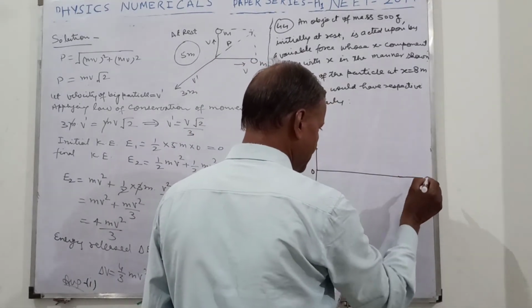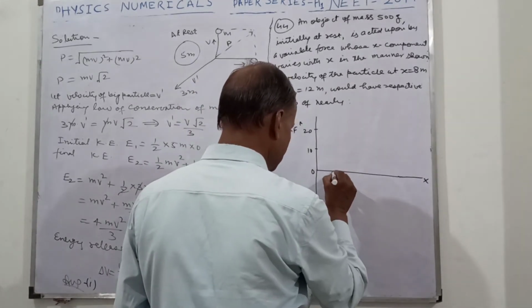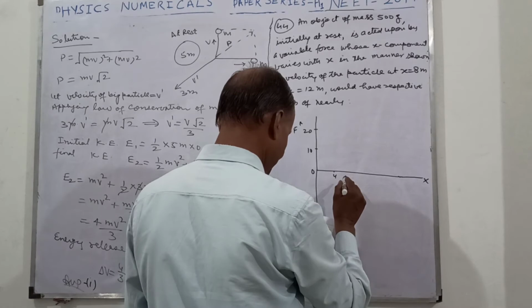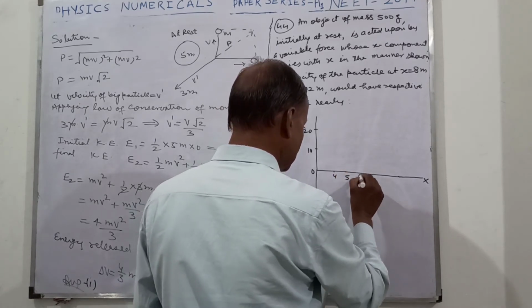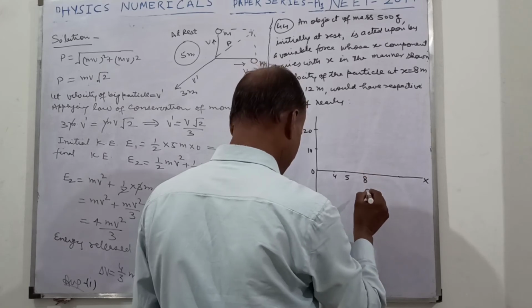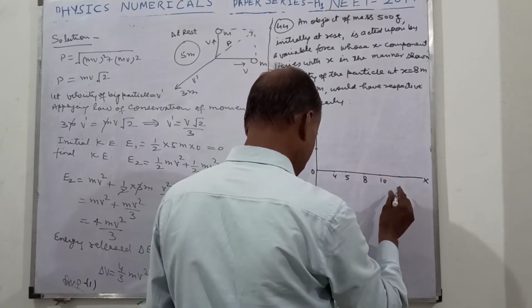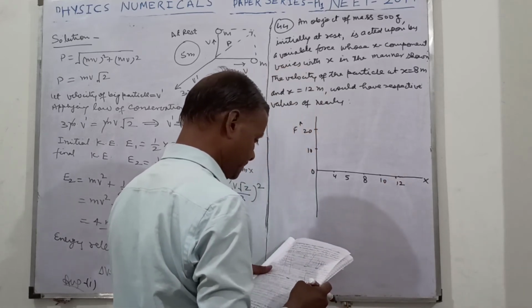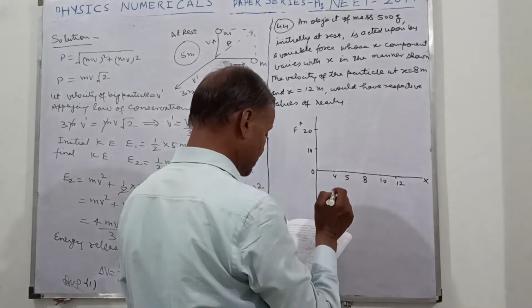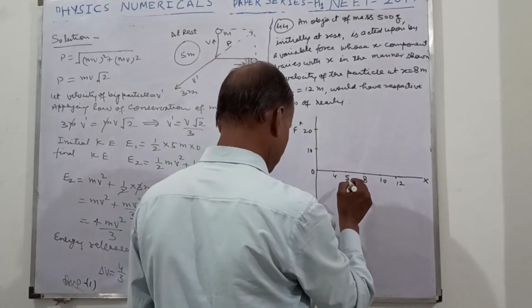Here is x, so this is 4, then 5, then 8, then 10, and then 12. And here we are given that up to 5.